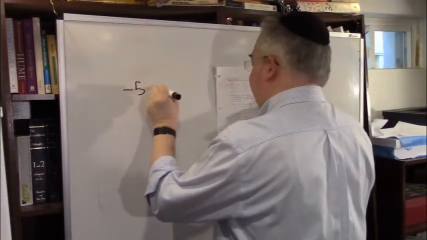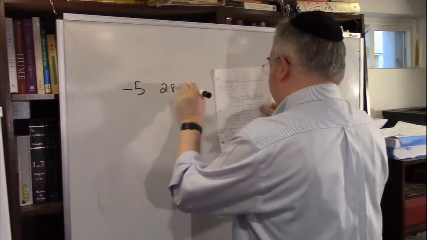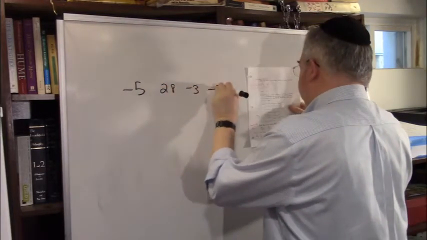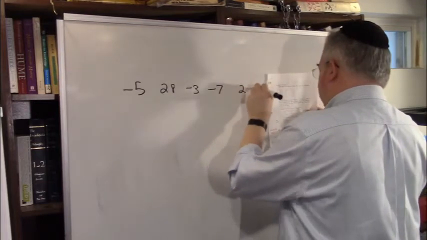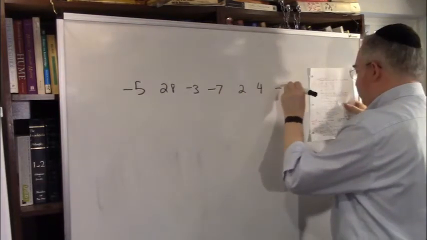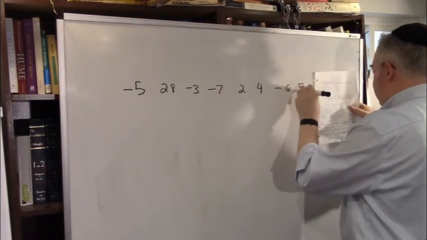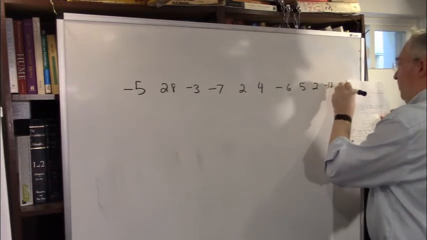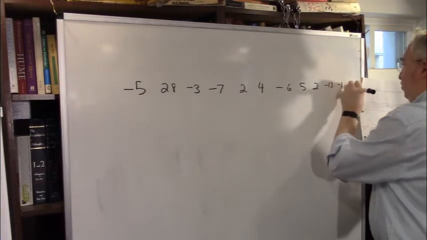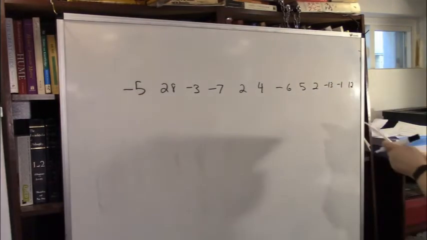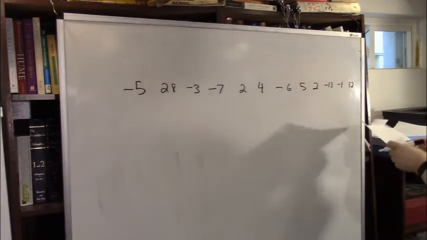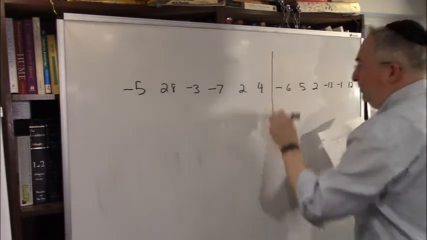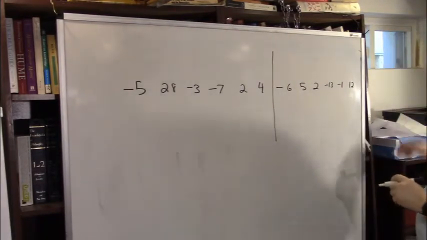Minus 5, 28, minus 3, minus 7, 2, 4, minus 6, 5, 2, minus 13, minus 1, 12. Okay? And the splitting is here.